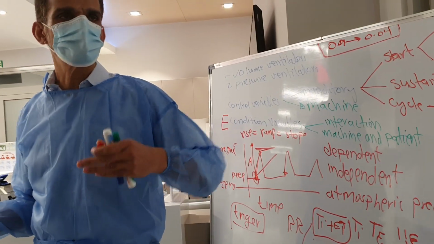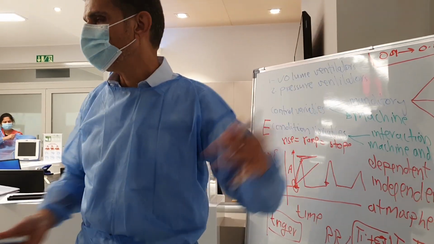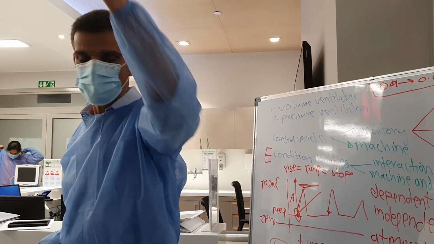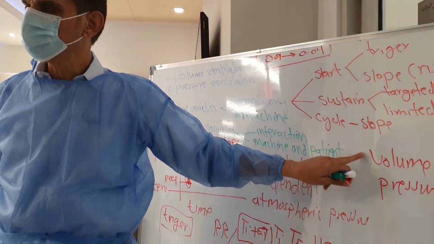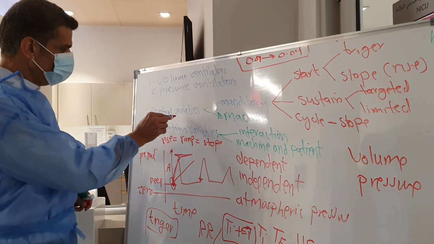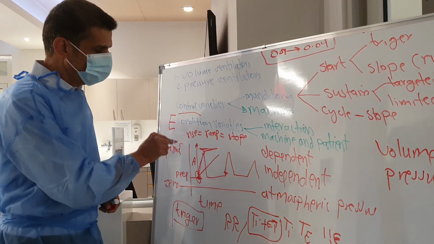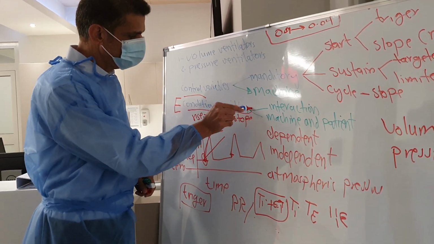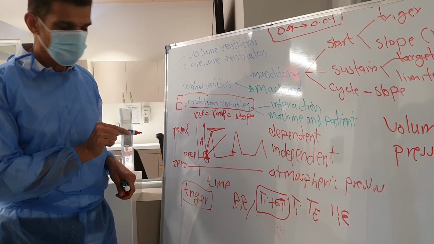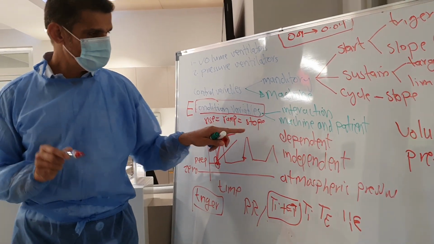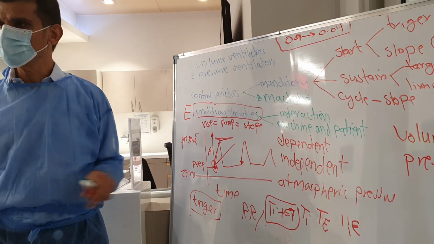So the machine can give 11 pressure, can give 10 pressure, can give 20 pressure, to always achieve the 3 mil. So the volume becomes controlled when the pressure becomes conditional. Okay? Because the pressure will change to achieve the volume.